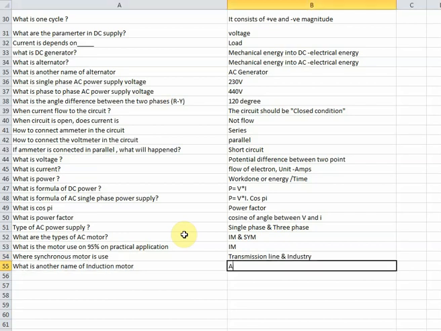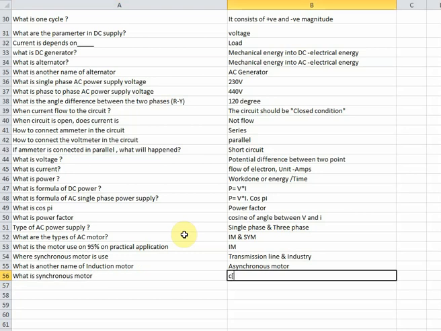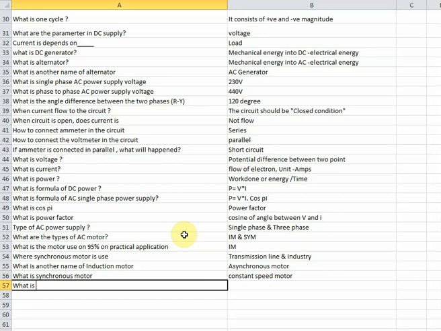Asynchronous motor. What is a synchronous motor? Constant speed motor. Very good. What is an asynchronous motor? Not constant speed motor.